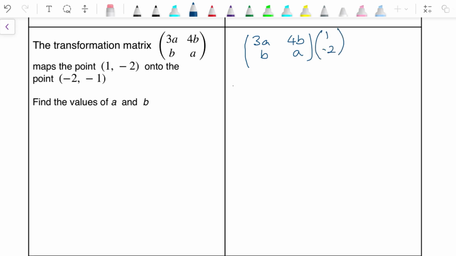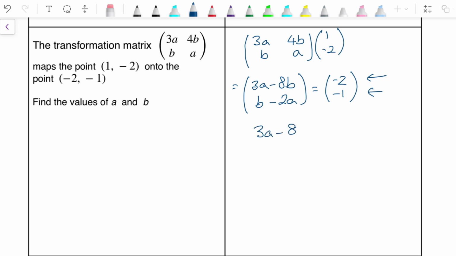And let's work it out down here, so I've got some space, is equal to 3A top row times the column minus 8b, bottom row times the column, b minus 2a, and this in the question is equal to -2 minus 1, which means I've got two simultaneous equations. So simultaneous equation 1 is 3a minus 8b equals -2. Simultaneous equation 2, doing a bit of rearranging, is 2a plus b is equal to -1.